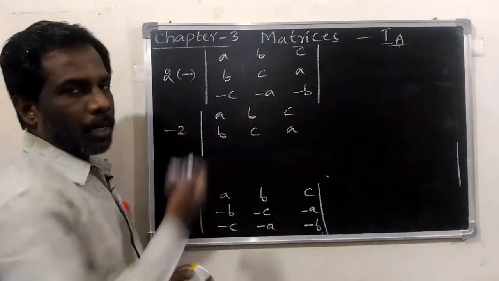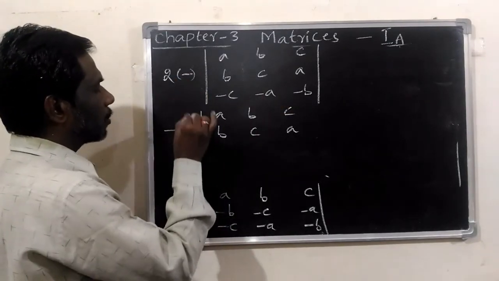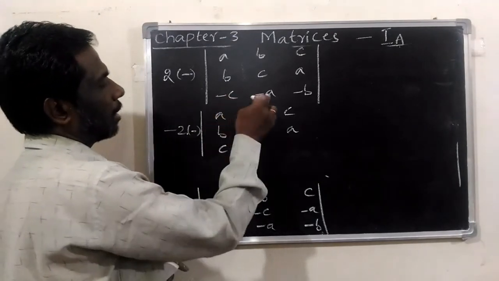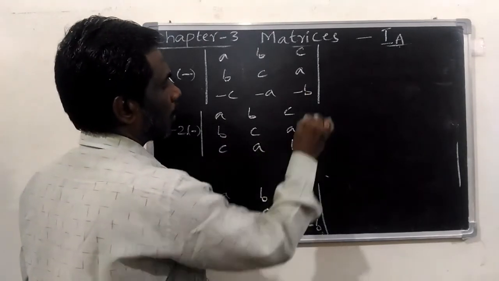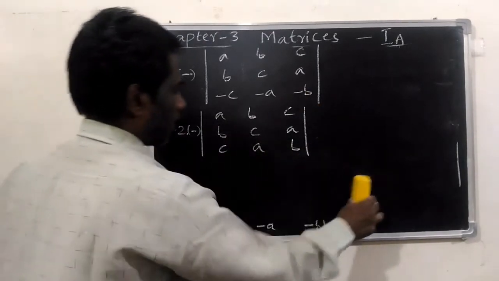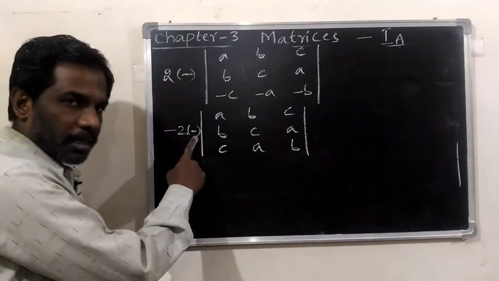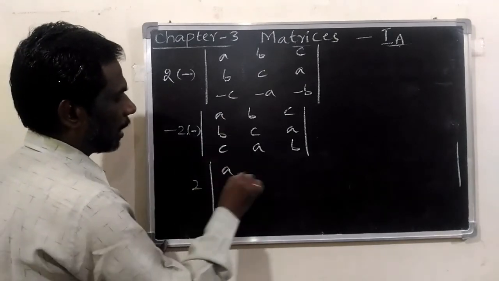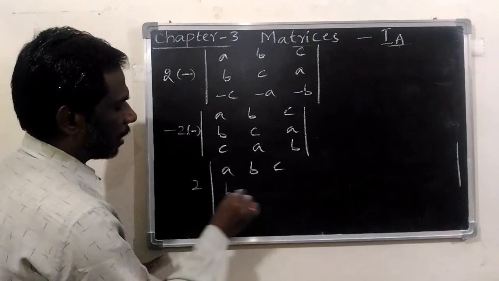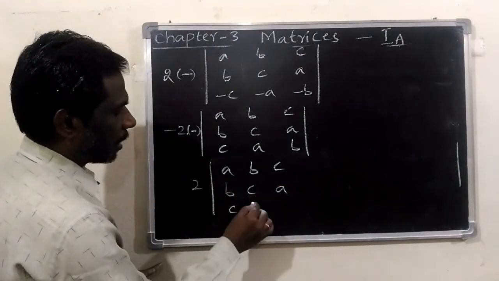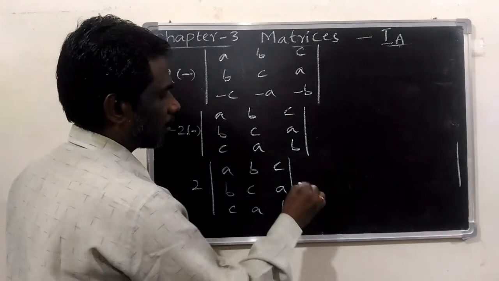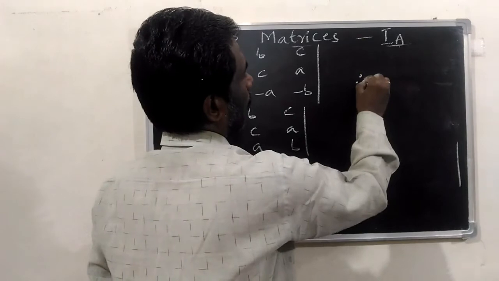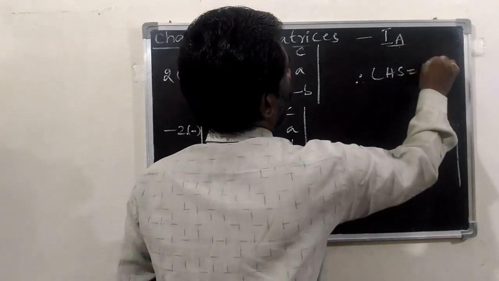So into minus, then C remains, and it is A and B. Now minus into minus is plus, so plus 2 into mod of A, B, C, B, C, A, C, A, B. This is the RHS. Therefore, we conclude LHS is equal to RHS.